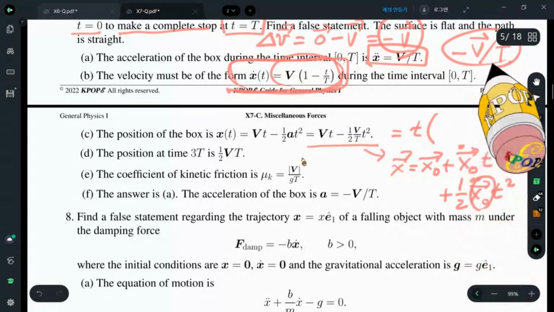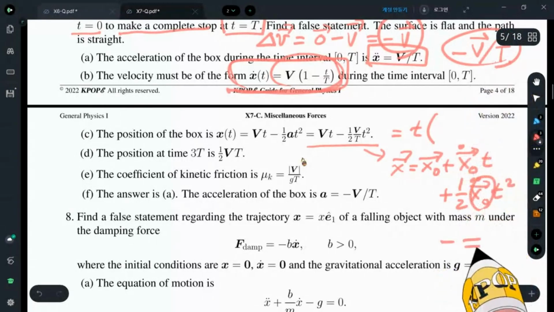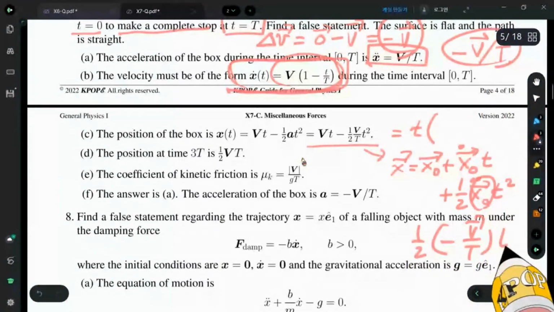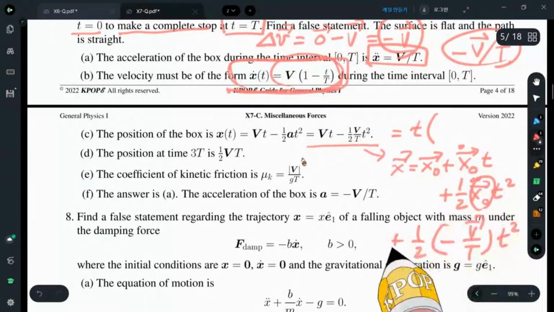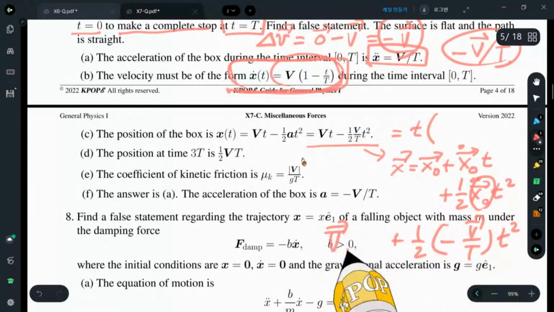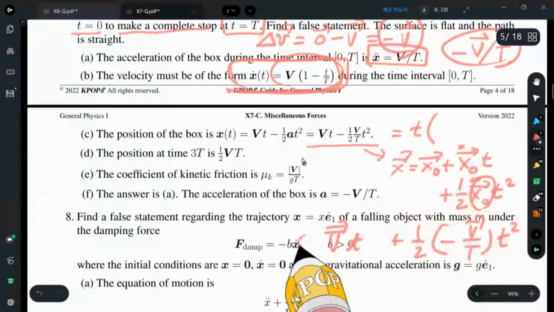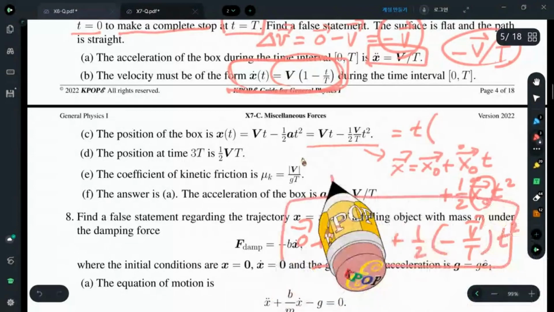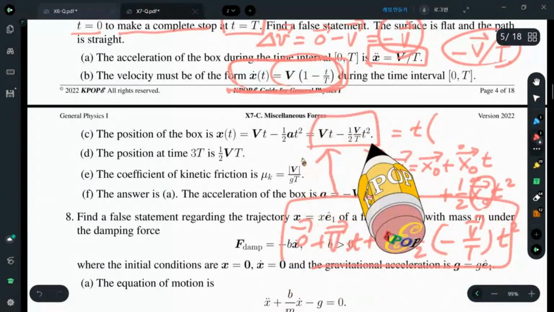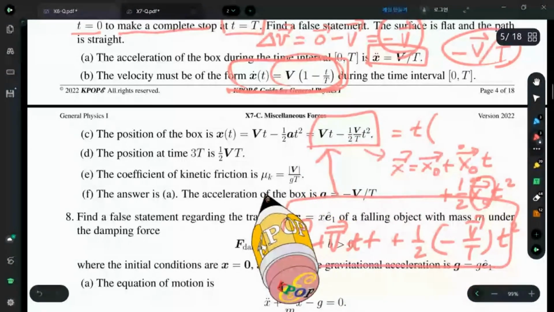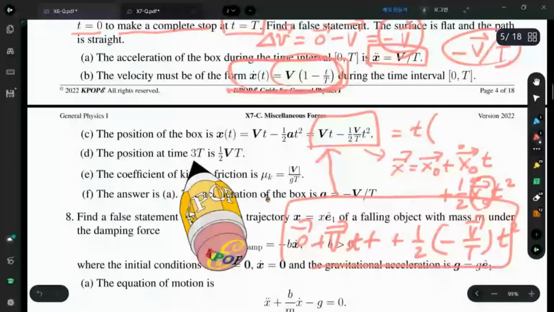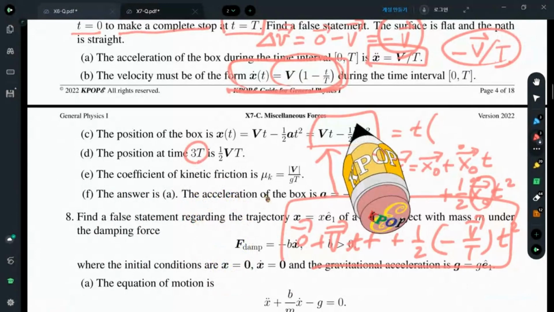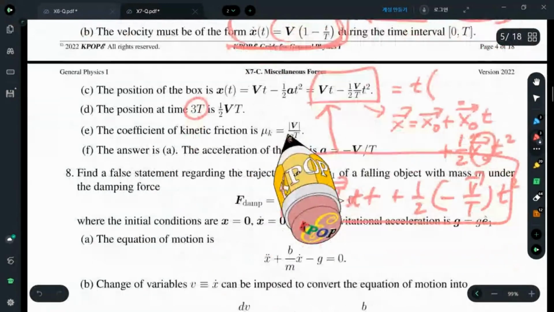This is a, minus V over T acceleration, and the initial velocity is capital V, and the initial position was 0. So if I sum them all, this is the result, right? Position at time t. Why don't you just substitute t equals capital T? You'll find the answer.